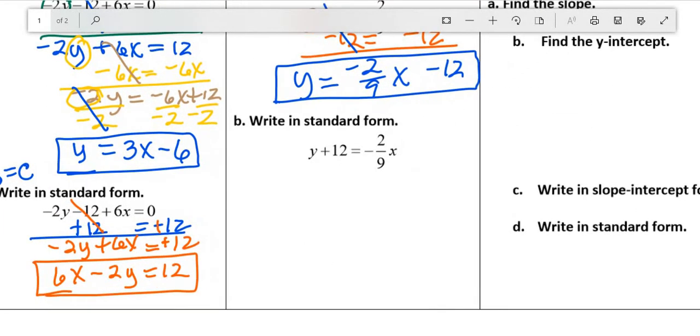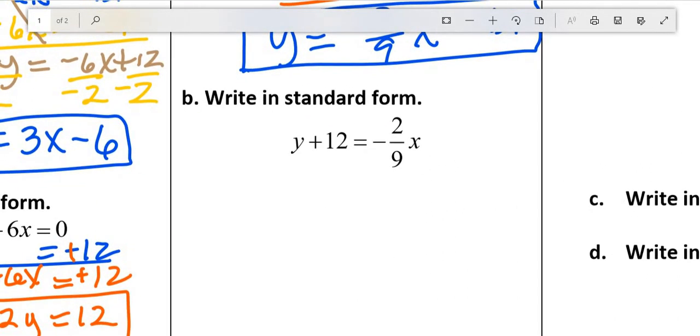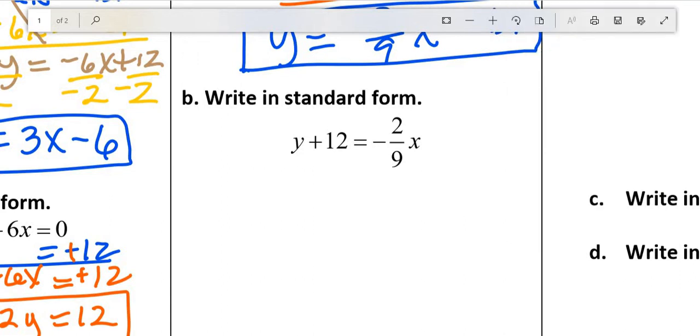Now, I'm going to take this right here and write it in standard form. Remember, no fractions, no decimals. So I'm going to use this 9, the denominator, and multiply everything through by 9. You do not want a fraction in standard form.